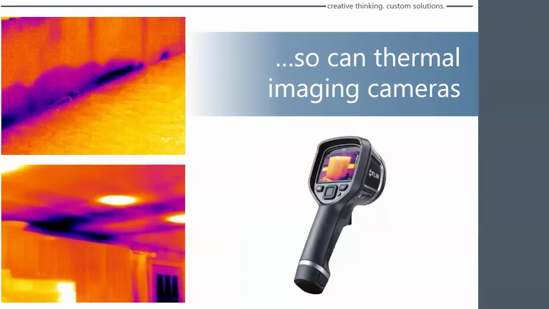Also, thermal imaging cameras or IR cameras are a great tool for demarcating where some intrusion might be happening. You've got to be careful with the IR camera, because moisture intrusion tends to show up as a cool spot, so cool areas.